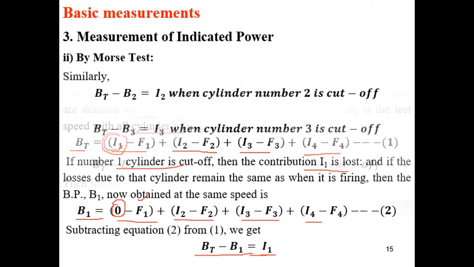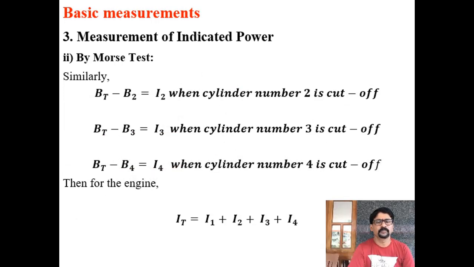Now similarly the procedure has to be continued. Initially you cut off cylinder number 1, now restore it and cut off cylinder 2. So I2 becomes 0, but all the friction losses will be there. So once again BT minus B2 will give the indicated power of the second.